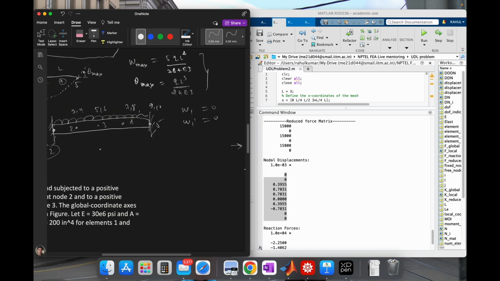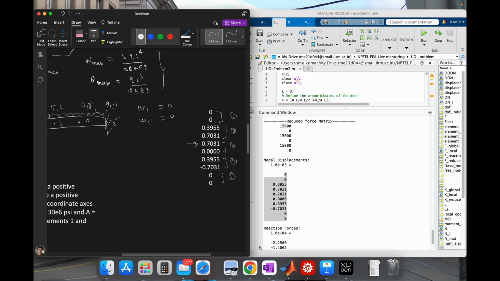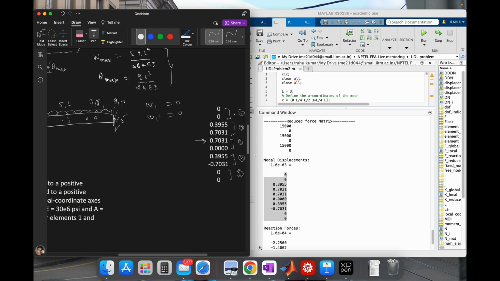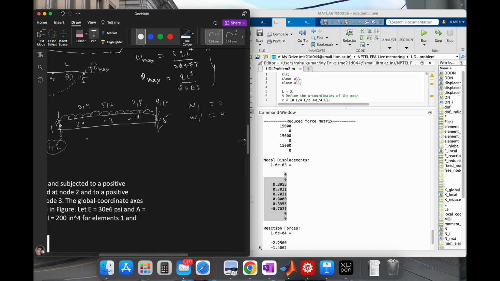There should be no slope there. At the end points the slopes are 0, and the vertical displacements are also 0.